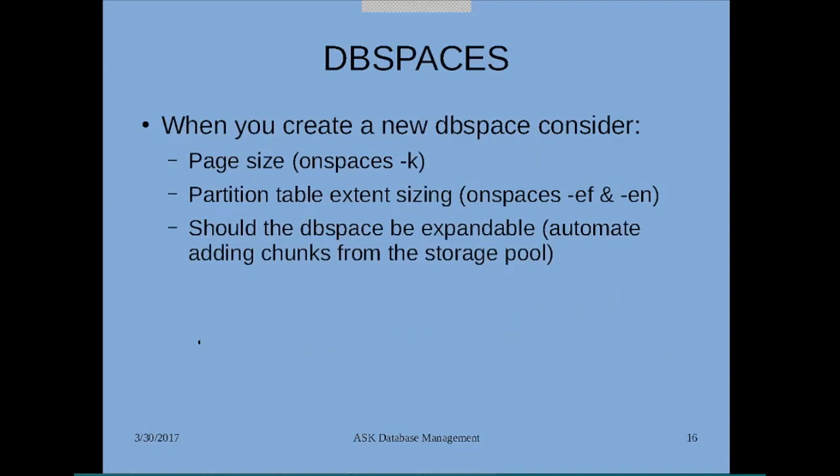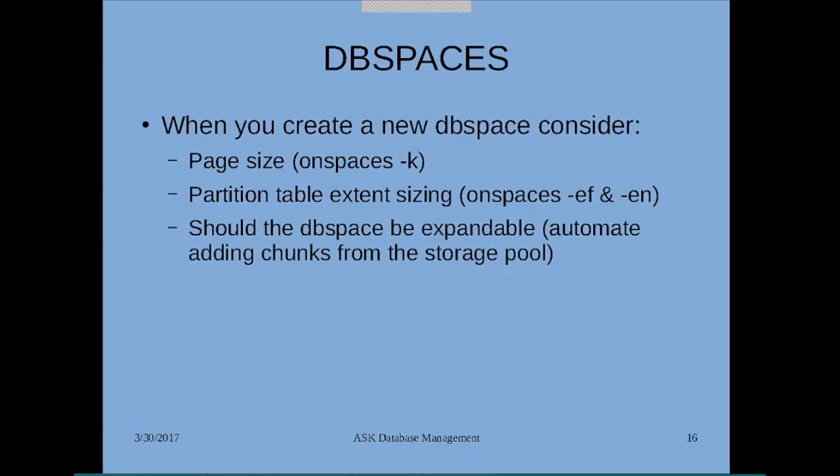DB spaces. When you create a new DB space, there are 3 basic things you need to consider that people sometimes forget. Page size. You want to make sure that you're putting in a page size that is useful for the data that's going to go on there, for the objects that are going to live there. And we'll talk about that in a minute.